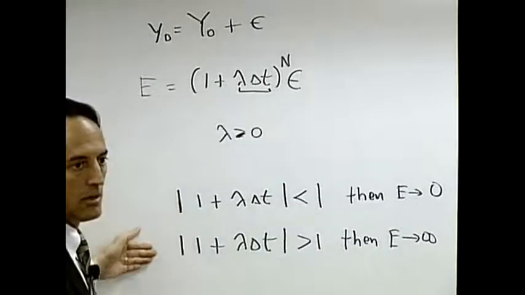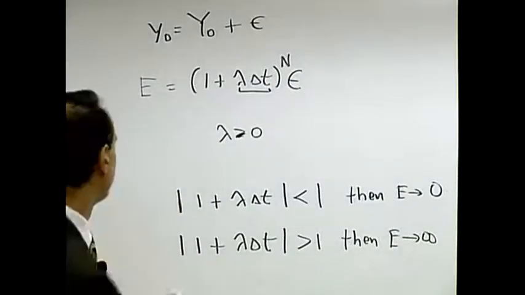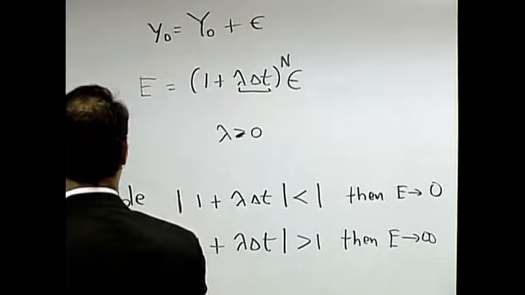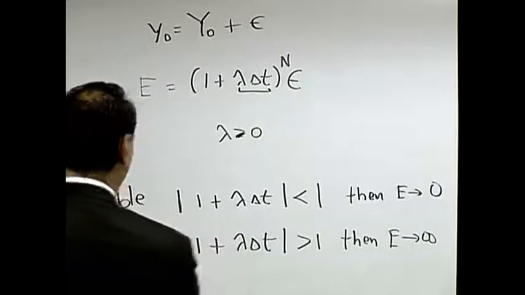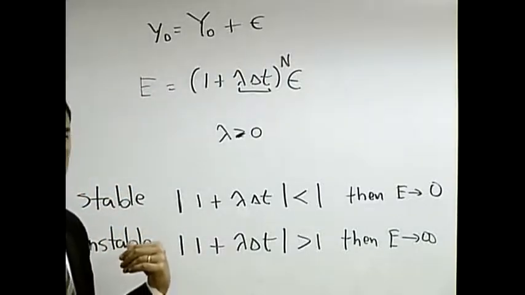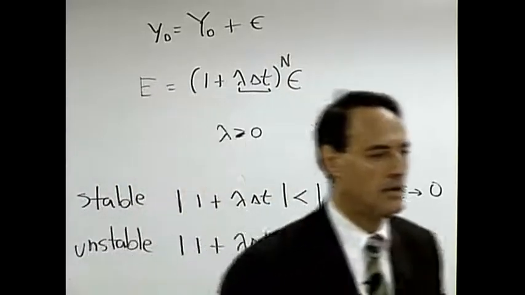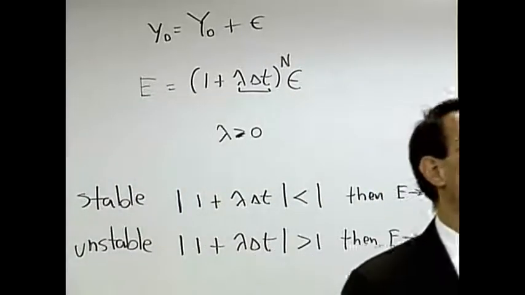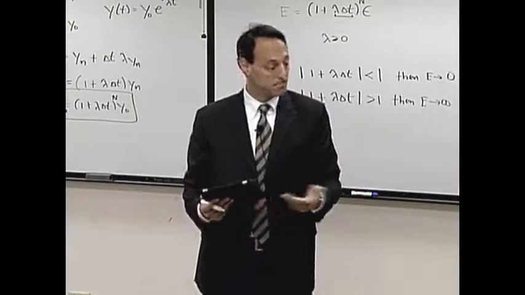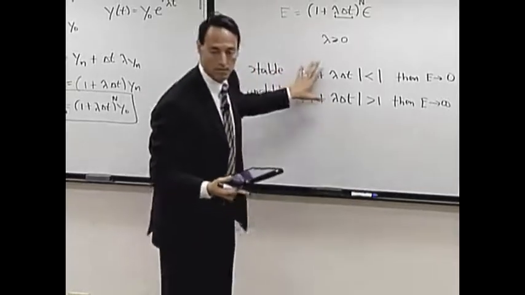This is stable, that's unstable. We will play around with this later in class. Instability of schemes: if a scheme is unstable, as I said, it will announce itself to you. It will not hide behind something and go, I don't want to tell them I'm unstable. No, it'll just make your computer go to NaNs and solutions go to infinity, and you'll go like, that doesn't really make sense at all. Okay, so that's a condition.